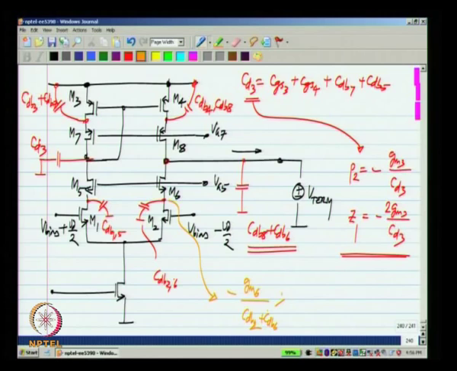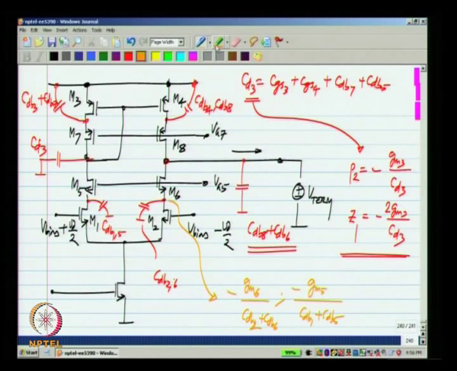Similarly, the current from M1 goes through M5 and that has the same behavior. So, we have a pole at GM5 by CdB1 plus CdB5. By the way, the small signal parameters of M1 and M2 are the same, M5 and M6 are the same. So, these two poles will be at the same frequency.